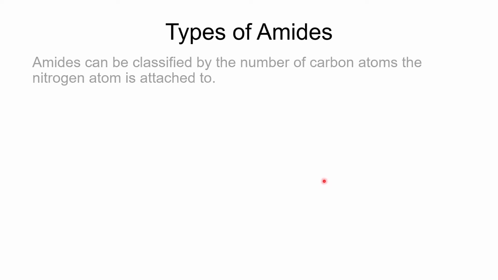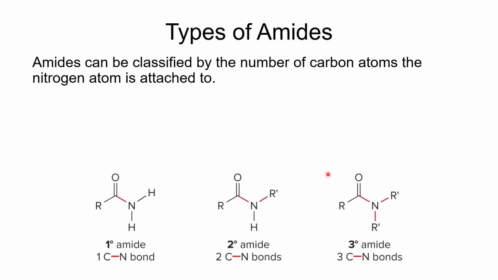When we talk about amides, we haven't talked extensively about them, but we've talked a little bit about them. We want to classify the amides in terms of the number of carbon atoms each nitrogen is attached to. The smallest number of carbons we can have for an amide is a primary amide, because the nitrogen has to be attached to at least the carbonyl carbon.